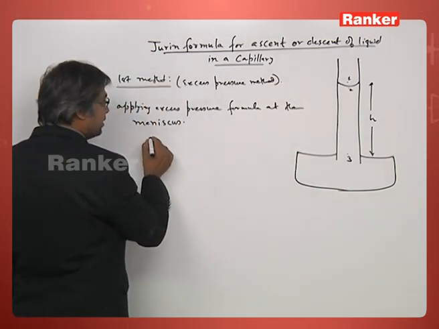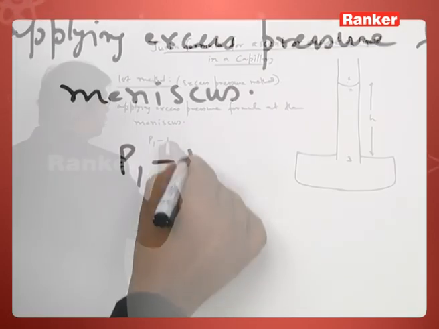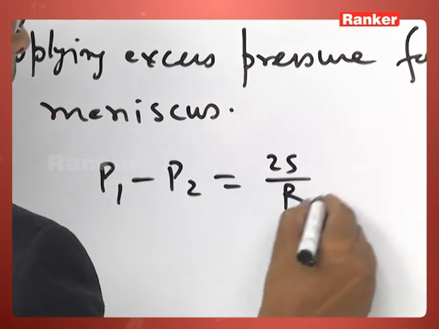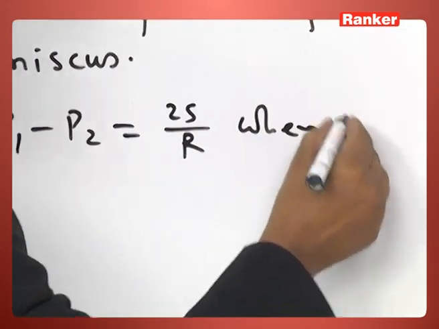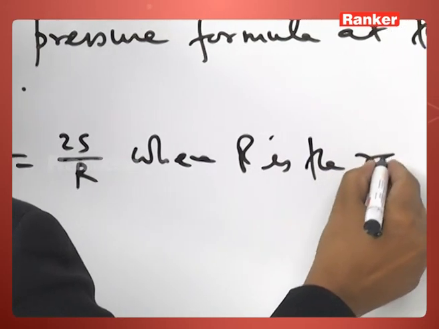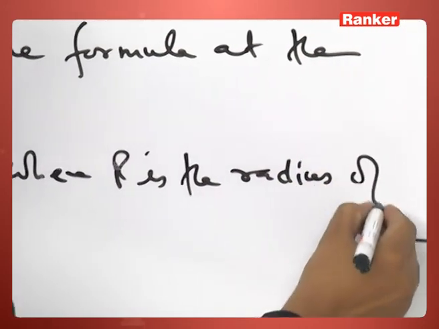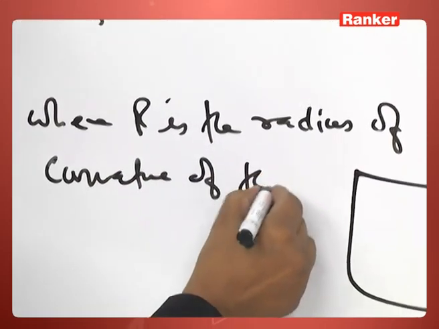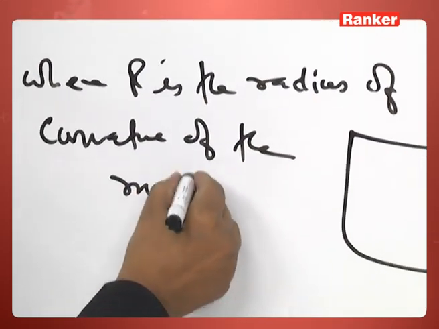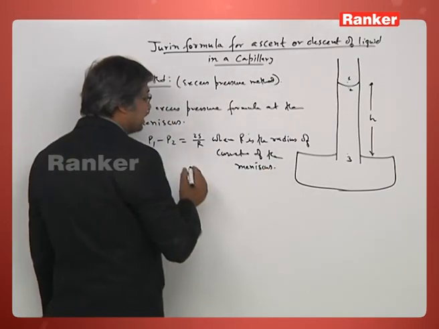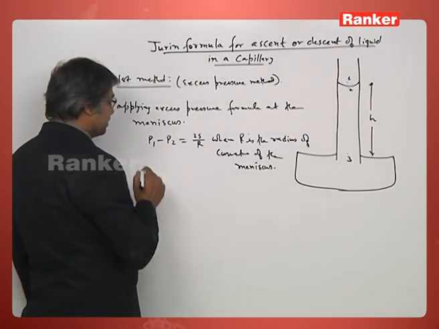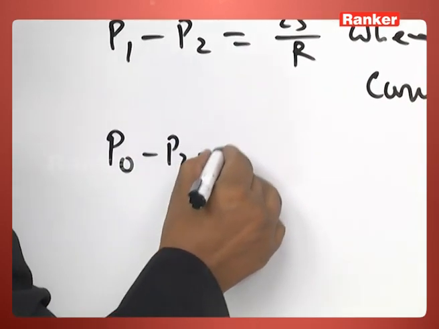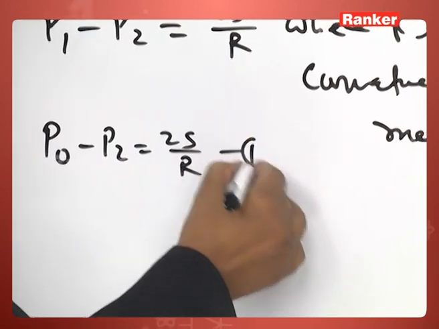So we will write that P1 will be more than P2, this is excess pressure, by 2s by r, where r is the radius of curvature of the meniscus. Now, P1 is P naught, so this is equation number 1.